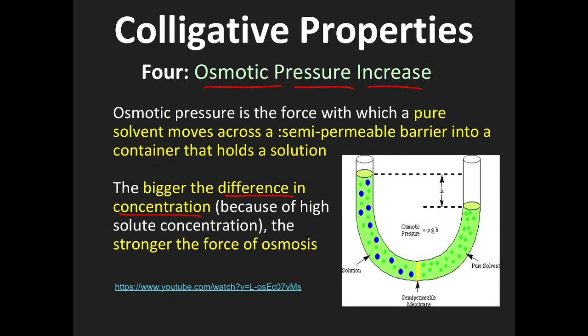As you added that solute, you increased the concentration of your solute and created a stronger force of osmosis, which is the force at which that solvent is moving across the semipermeable barrier into that container. So osmotic pressure increases as you increase the amount of solute.